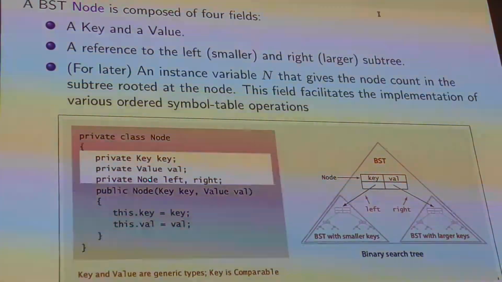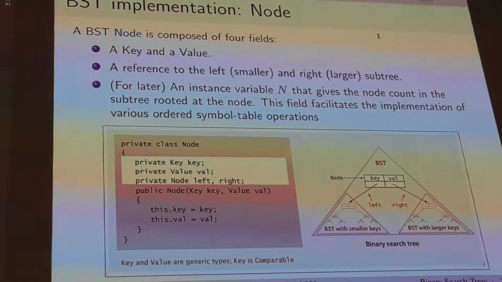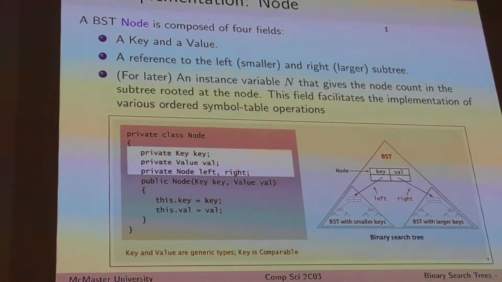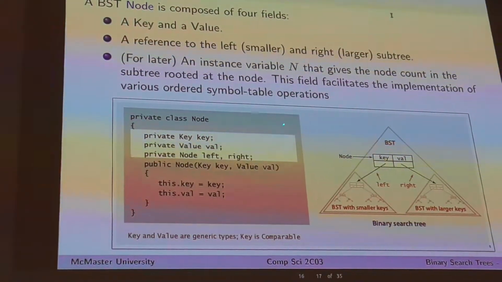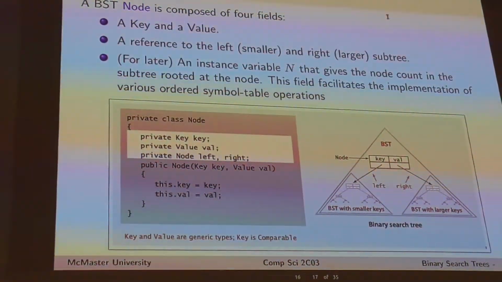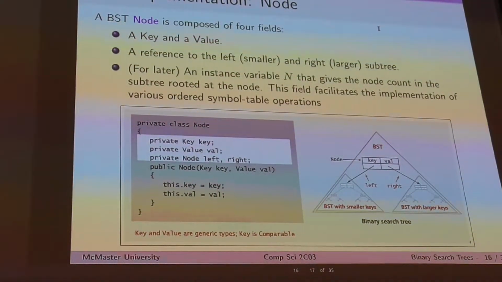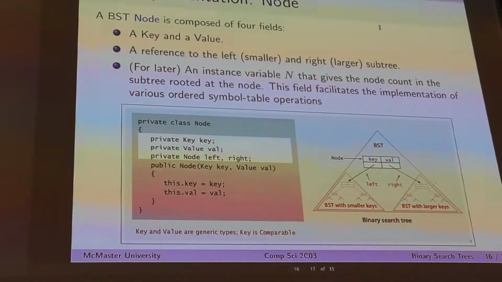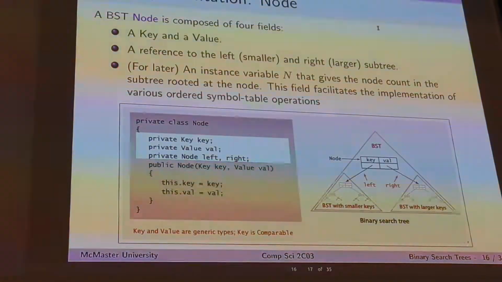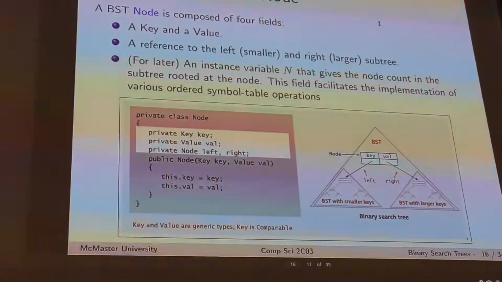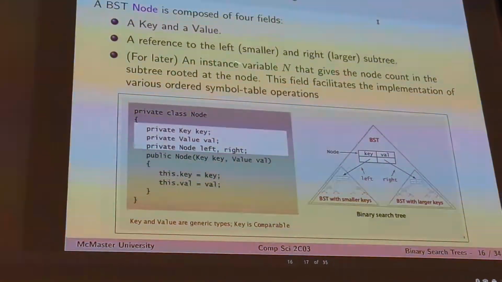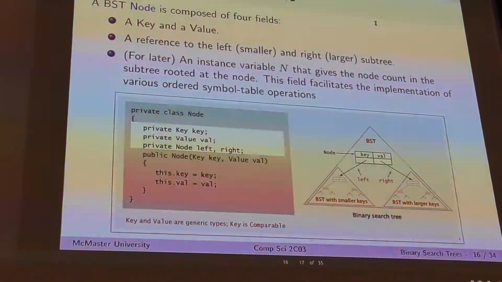They're references to nodes, but it is what it is. Additionally, we'll have an instance variable n that gives the node count in the subtree rooted at the node. This field facilitates the implementation of various ordered symbol table operations. So we throw that in and come back to it later.